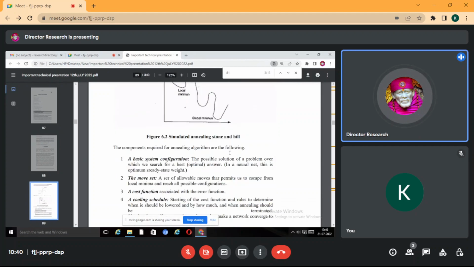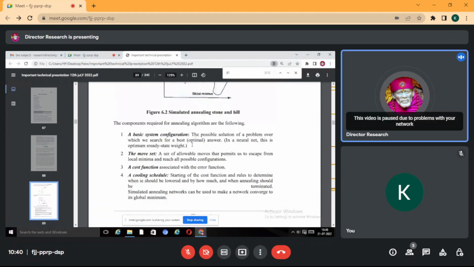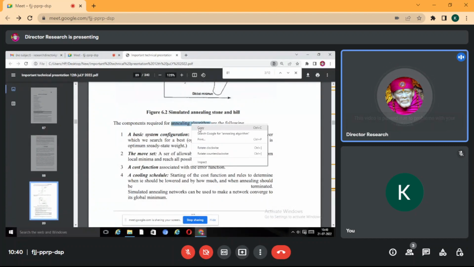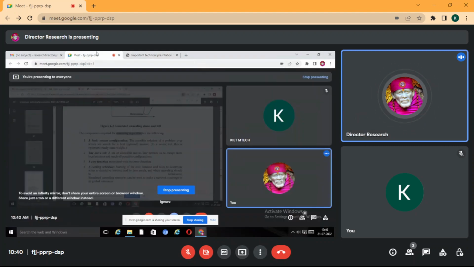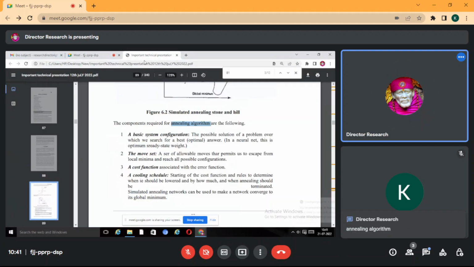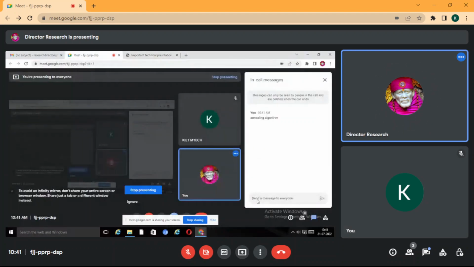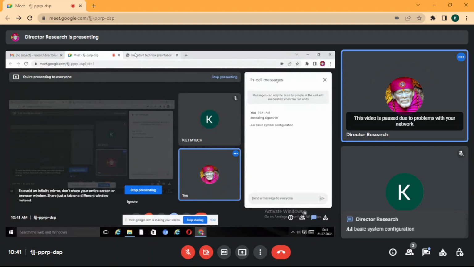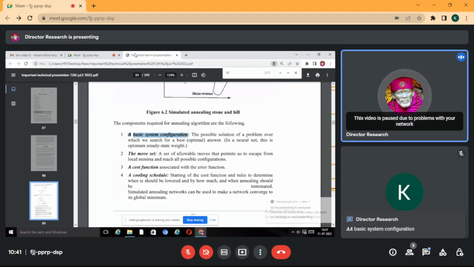The components I highlighted just now are required for the annealing algorithm. These are the components. Basic system configuration is one of the components. The other one is the move set.